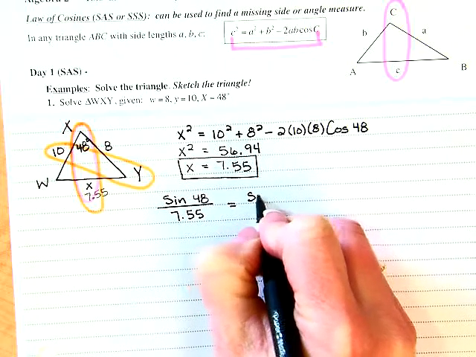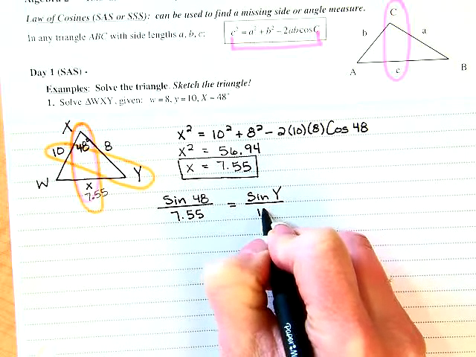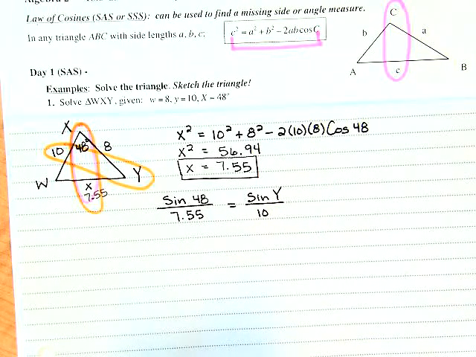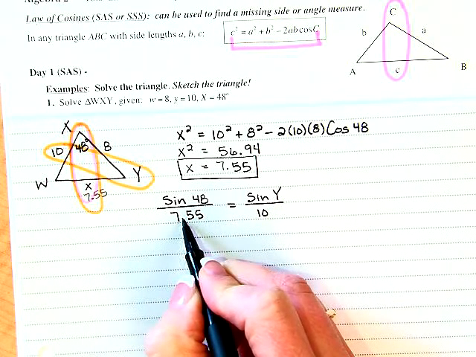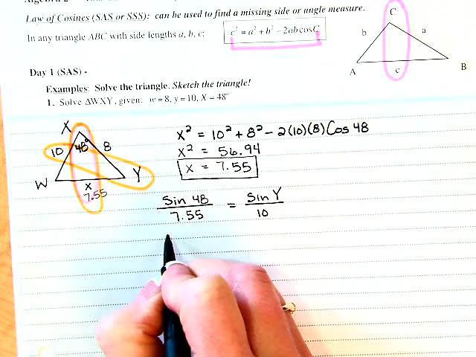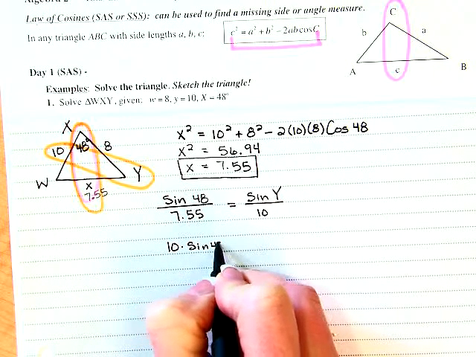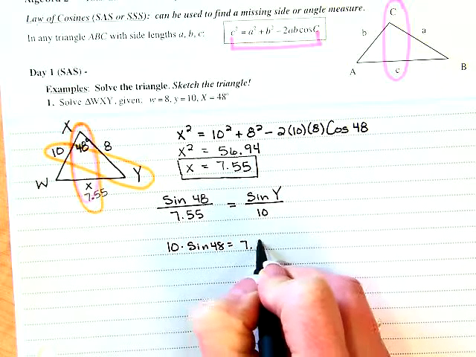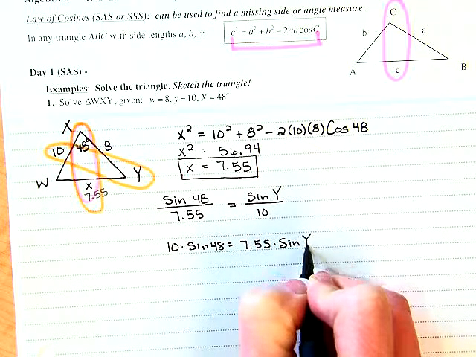Then sine of y all over 10, and remember this is where we cross multiply. So we're going to multiply this side by 10 and the 7.55 over here, and so it looks like this: 10 times the sine of 48 equals 7.55 times the sine of y.